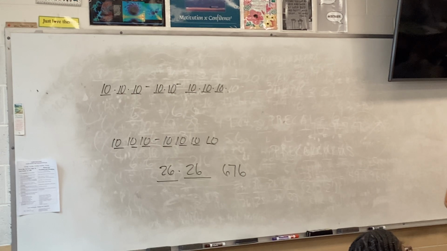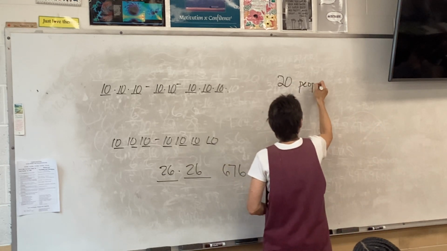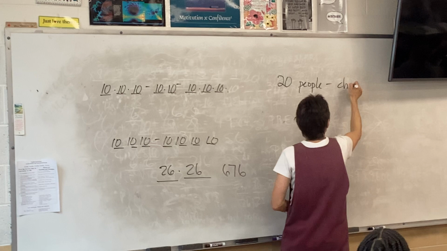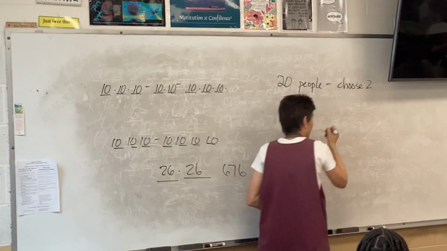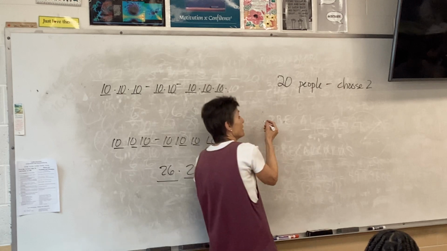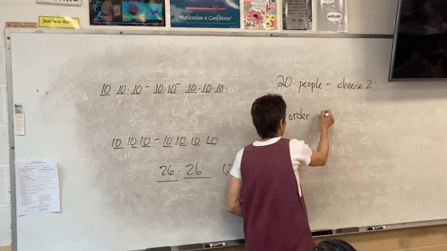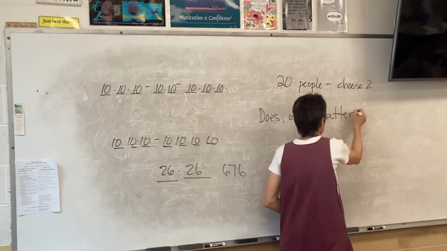So when we have these 20 people and we're going to choose 2, the first question we need to get used to asking ourselves is, does order matter? Problems will vary.